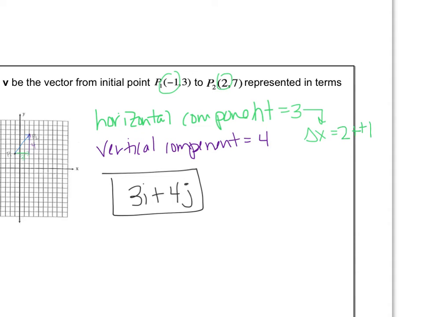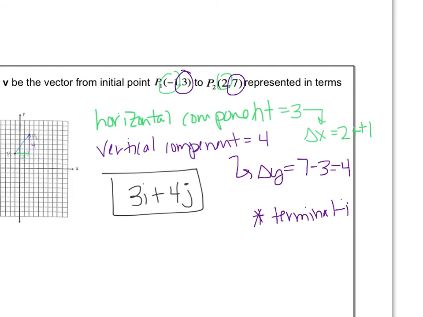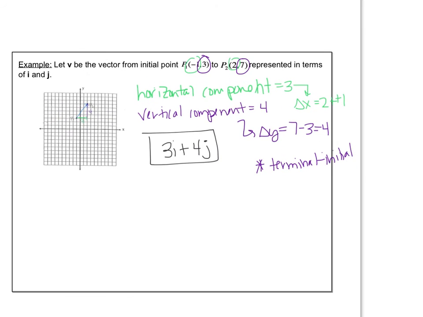That's how I get +3. And then the vertical component is just the change in y, which is 7 minus 3, which is 4. But if you're going to do it that way, please make sure you do terminal minus initial. You have to do it in that order or your sign doesn't come out right. But there's 2 different ways to do it. You can do it visually, or you can do it just mathematically subtracting the 2 numbers.